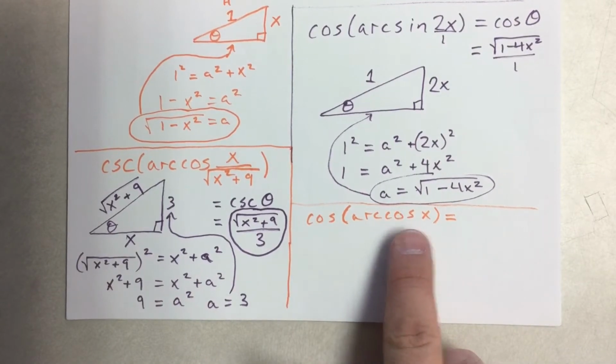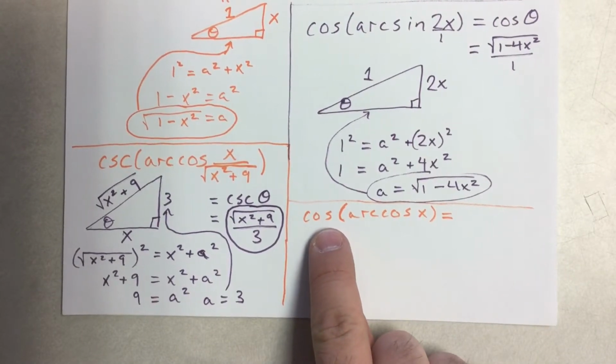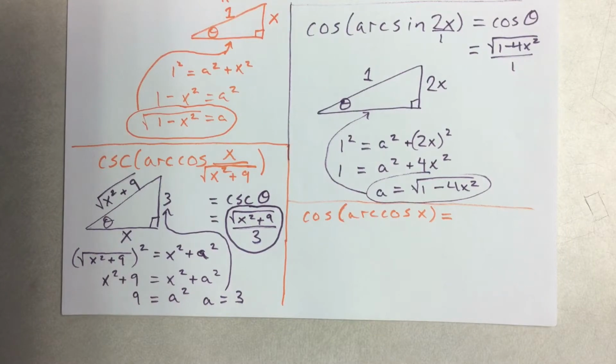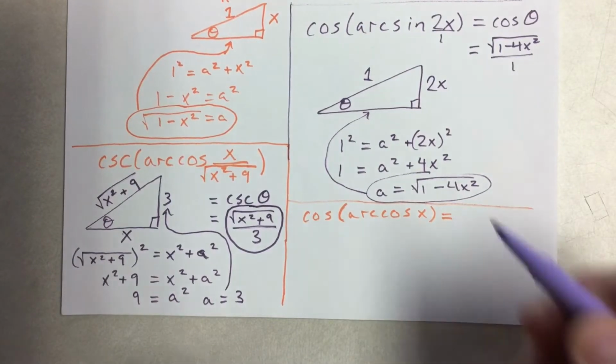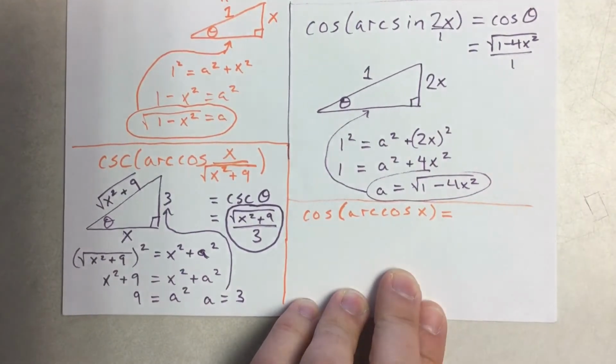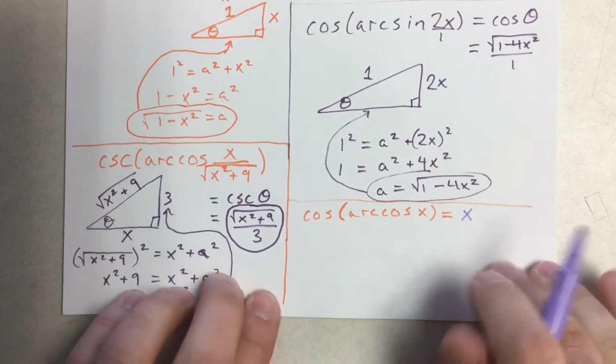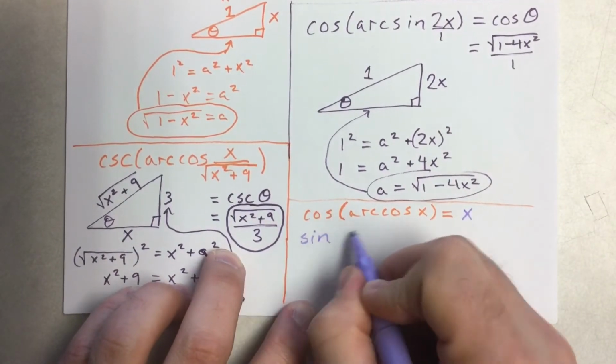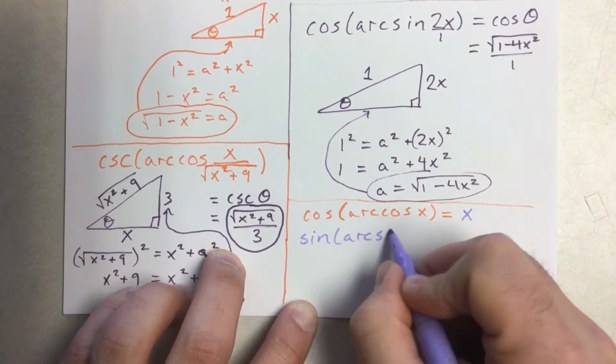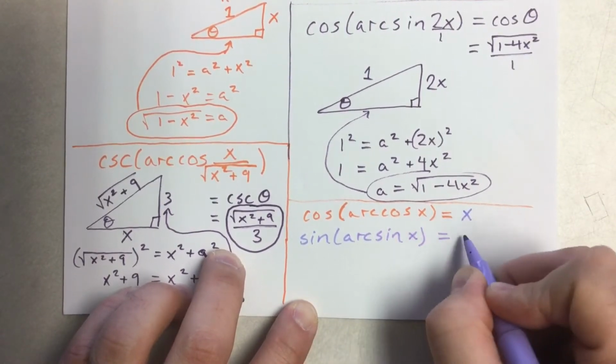I place arc cosine into its inverse. So if you remember the properties of inverse functions, when we do f of g of x, we will always get x as a result. So when we place arc cosine into cosine, we will always get x. As we would if I place arc sine into sine, we would always get x.